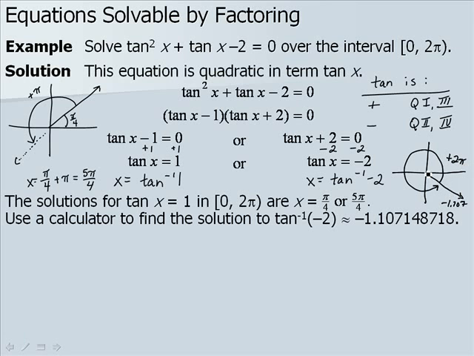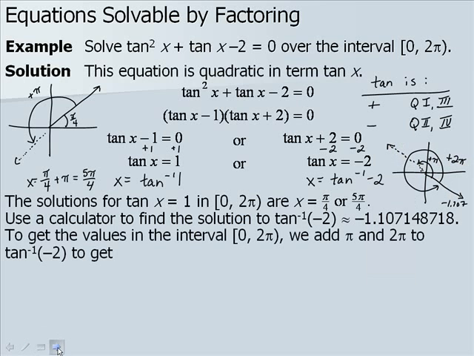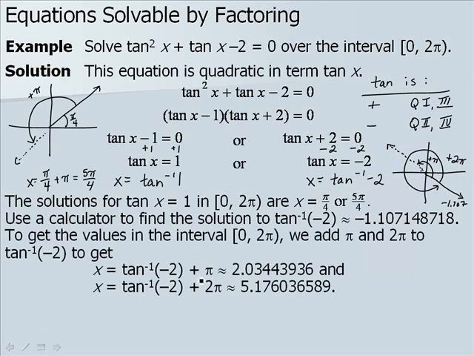And then to get my opposite value in quadrant 2, I'm going to add pi to it as well. Once we add pi, we'll get the value of 2.034, and we add 2 pi and we get 5.176. So our four solutions are pi over 4, 5 pi over 4, 2.034, and 5.176.